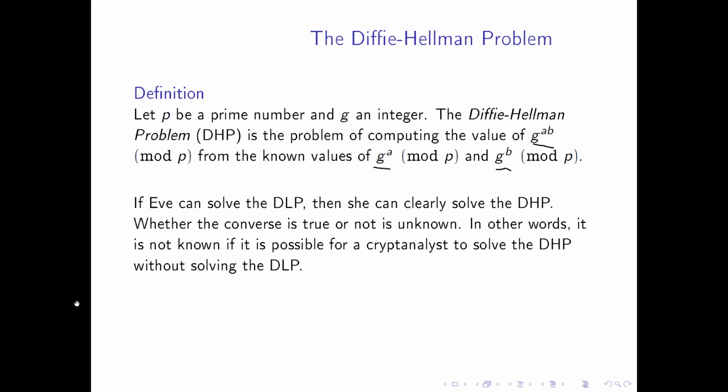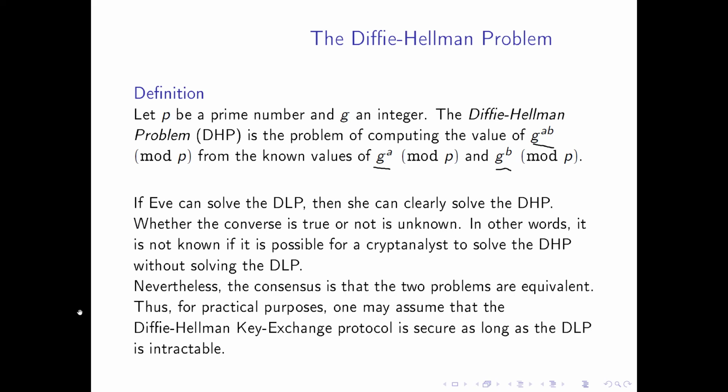In other words, we don't know if there's a way to solve this Diffie-Hellman problem without solving the discrete logarithm problem. That has not yet been discovered, and actually is really the critical key. If there's a way to do this without doing the discrete logarithm problem, then this becomes massively weak.